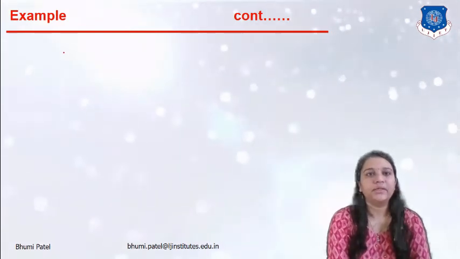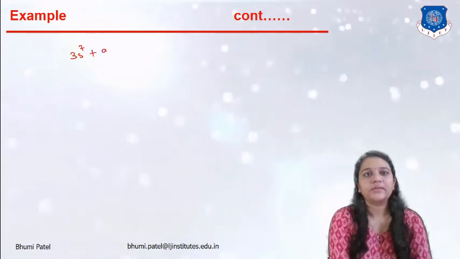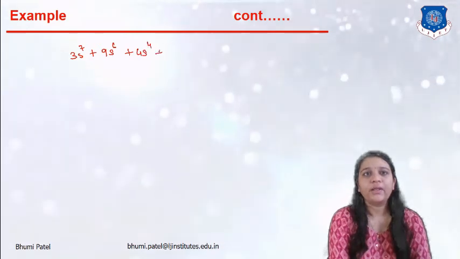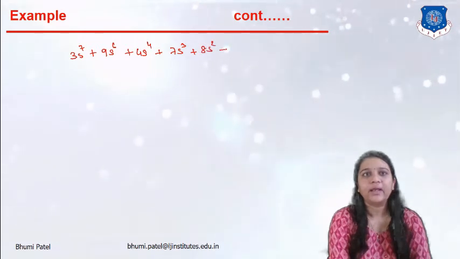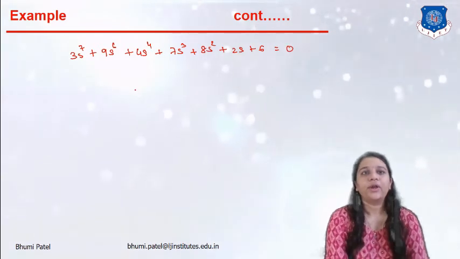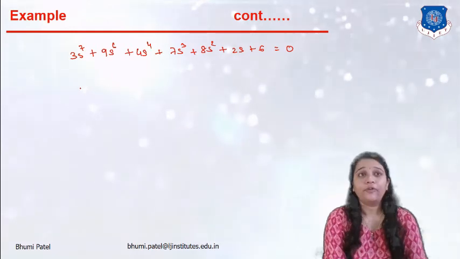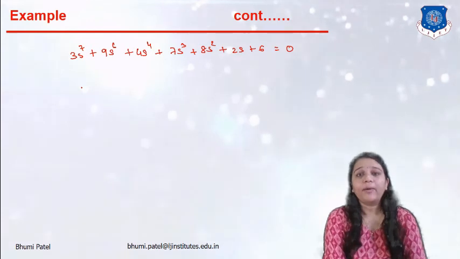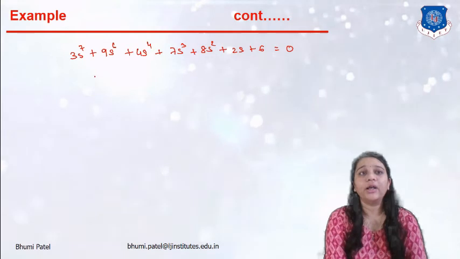Next example is, the system equation is 3s raised to 7 plus 9s raised to 6 plus 4s raised to 4 plus 7s cube plus 8s square plus 2s plus 6 is equal to 0. Okay, so the necessary condition for the stability is all coefficients of the polynomial have the same sign and all the powers of s must be present in the equation.